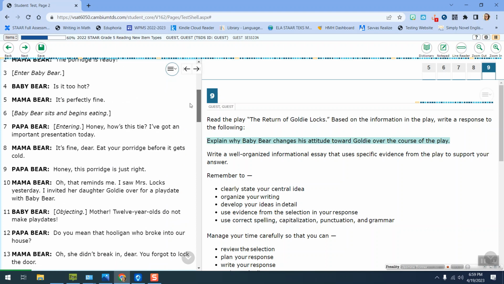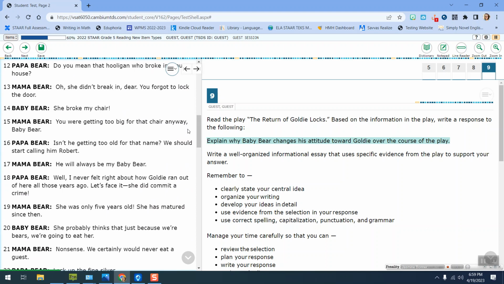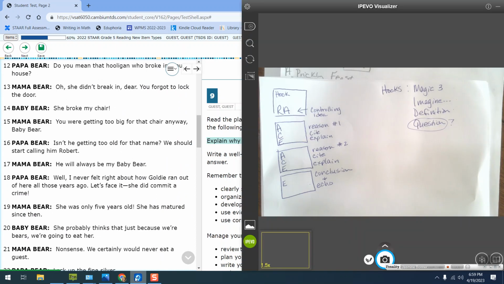All right, so we're not going to spend a lot of time doing this because it could honestly take a really long time for us to do this today, but I just kind of want to show you what it looks like. So before I start typing, I know on the short constructed response, I went straight to typing because it was short and I knew exactly what I wanted to answer because I already had everything put together from my notes and it didn't take a lot of thought.